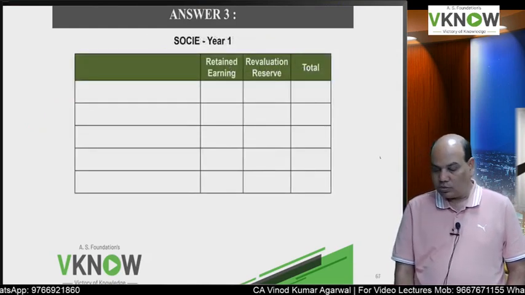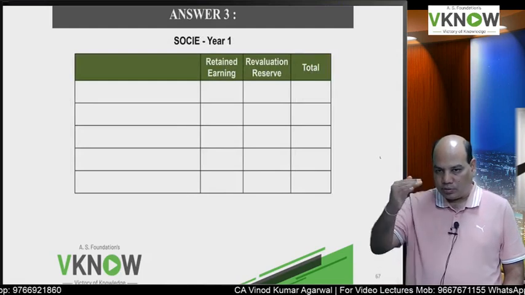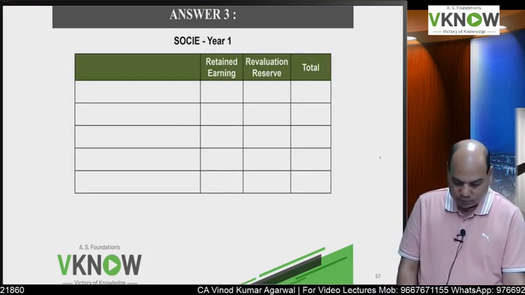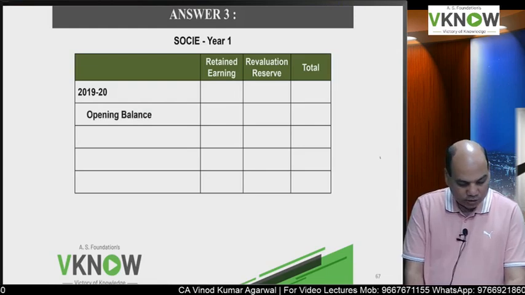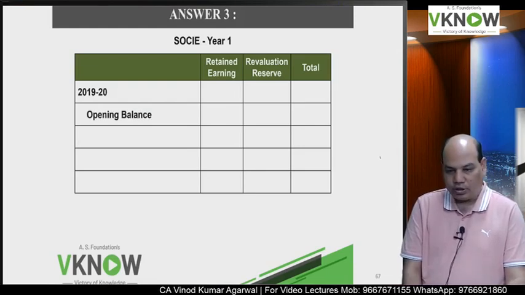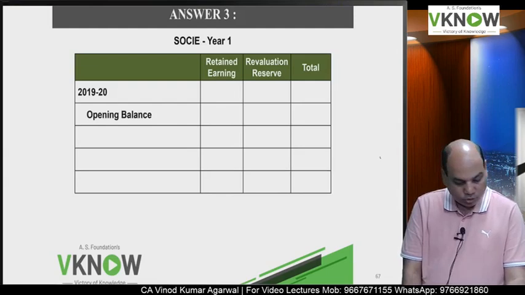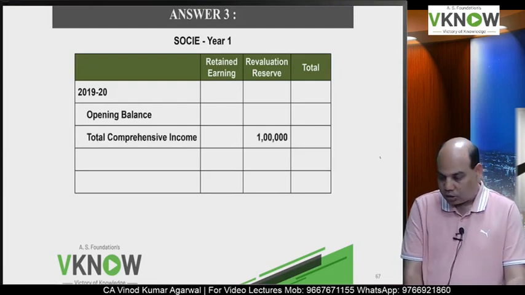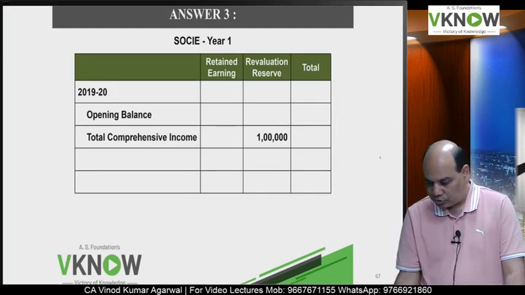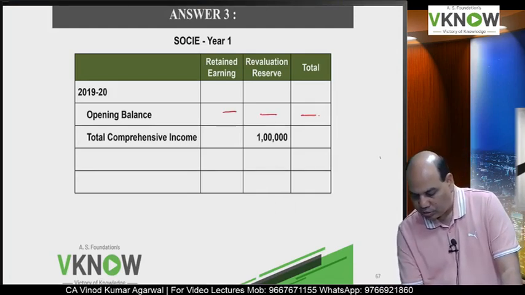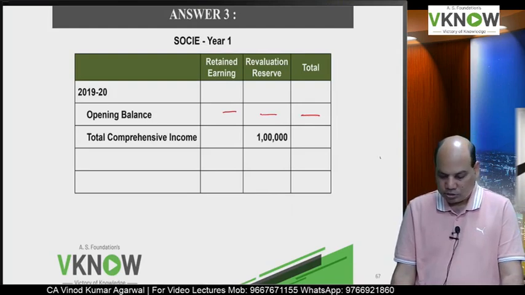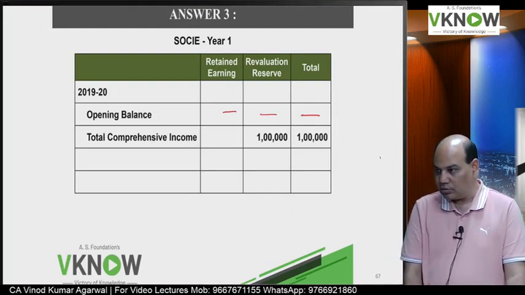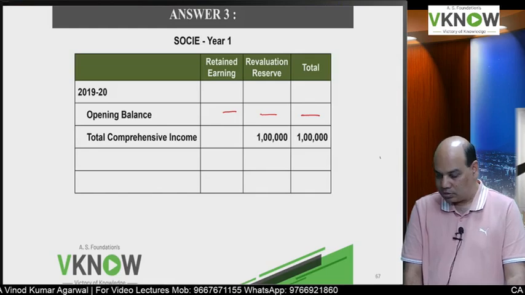Okay. So now you will prepare the SOCIE one below the other: year 1, year 2, year 3. Is it right? So SOCIE 2019-20. Opening balance is not there, so you can just put dashes. Total comprehensive income is 1 lakh.